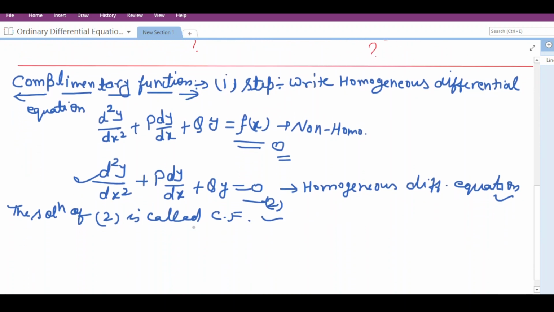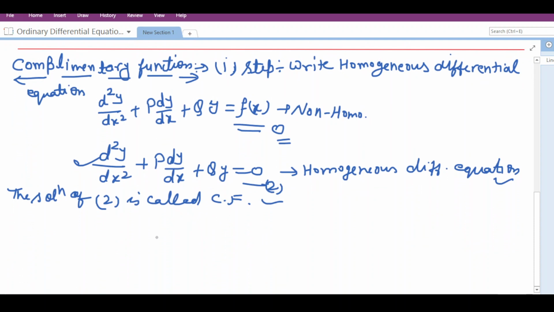So if we are clear about the idea of complementary function, next we will go for the methodologies by which we can find out the complementary function.